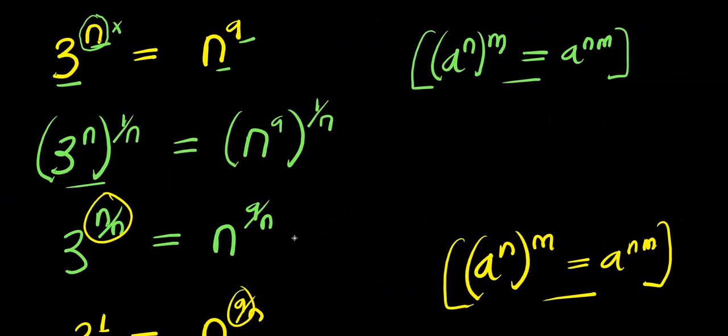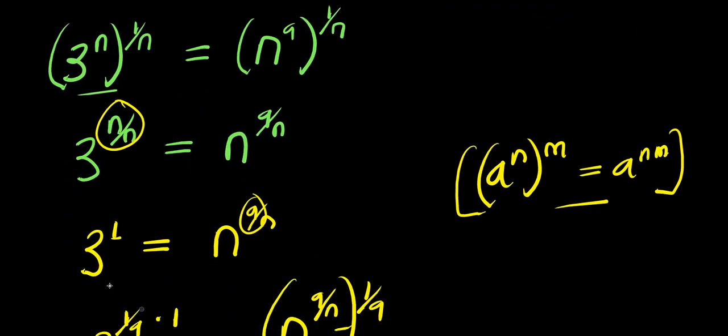So guys, for you to solve an exponential problem like this, the first step is to eliminate this variable here because we have it here. After that, we are going to have this. So you need to also eliminate the number here. You want all the variables to be in one part and all the numbers in one part.